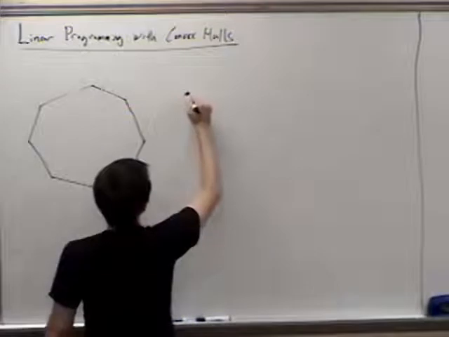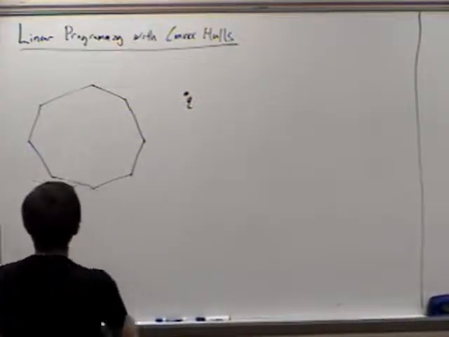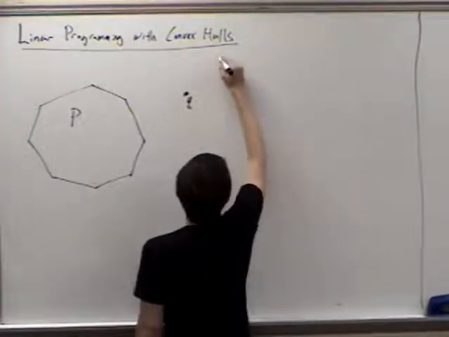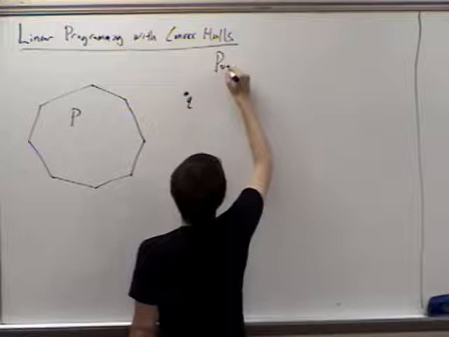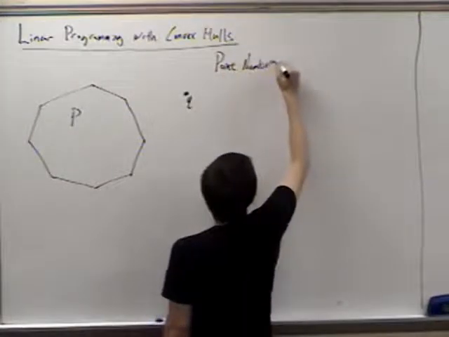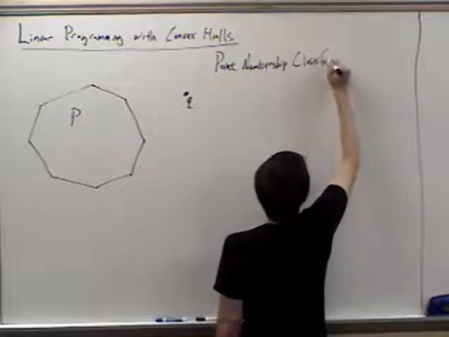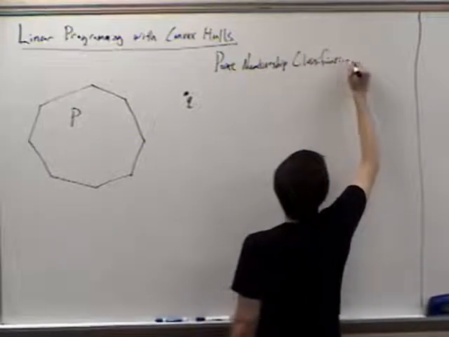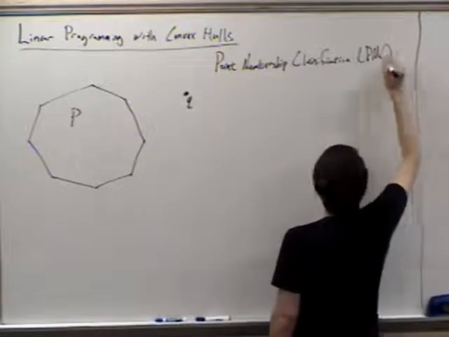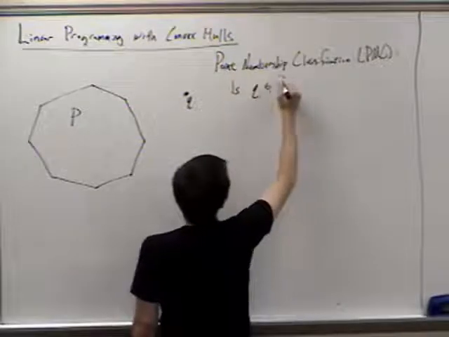I have some query point here, we'll call it Q. And this is our polytope P. We have the point membership classification problem, sometimes called PMC, where we just want to say, is Q in P?